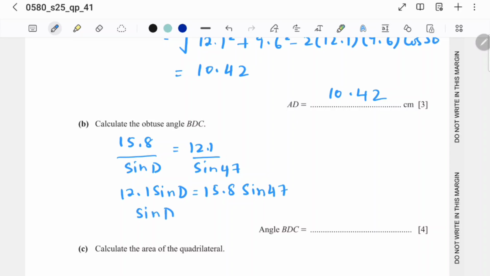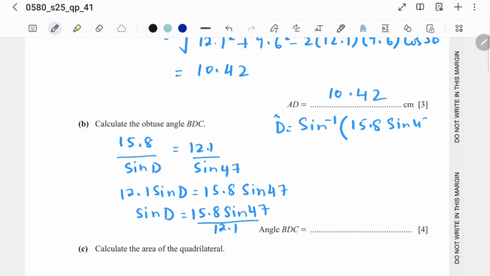Sine D equals 15.8 sine 47 divided by 12.1. Then angle D equals sine inverse of 15.8 sine 47 upon 12.1.